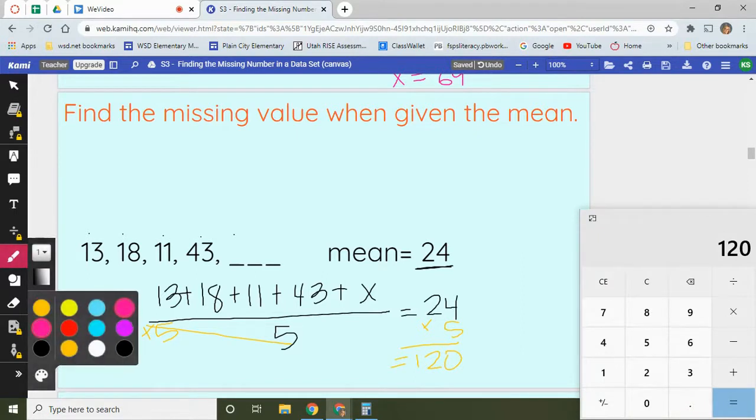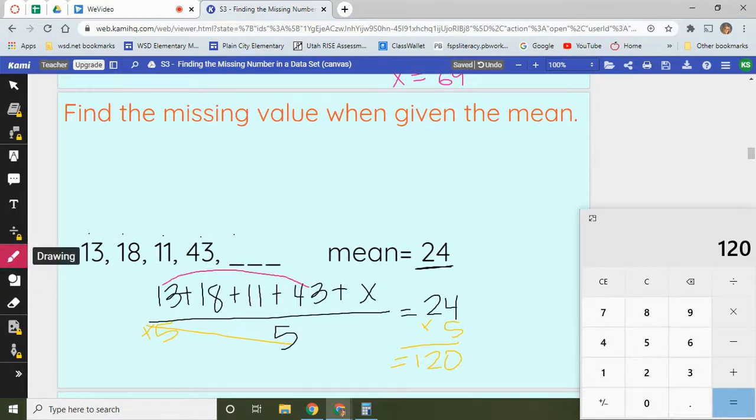Okay, remember next step is to add or clean up those numbers. So 13 plus 18 plus 11 plus 43 is 85 plus that x. How do we get rid of an add 85? We subtract 85.